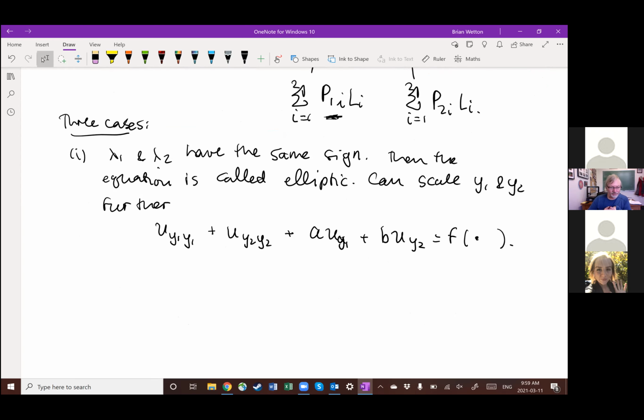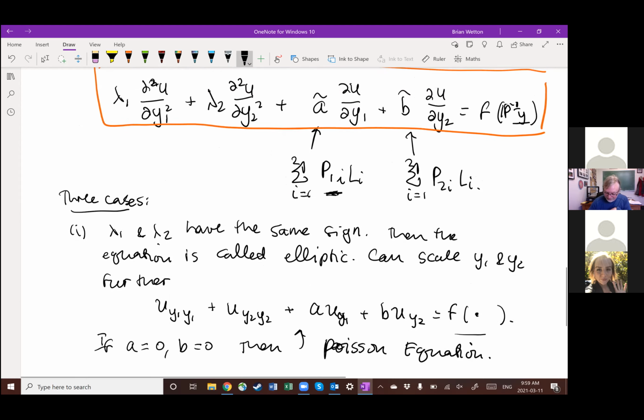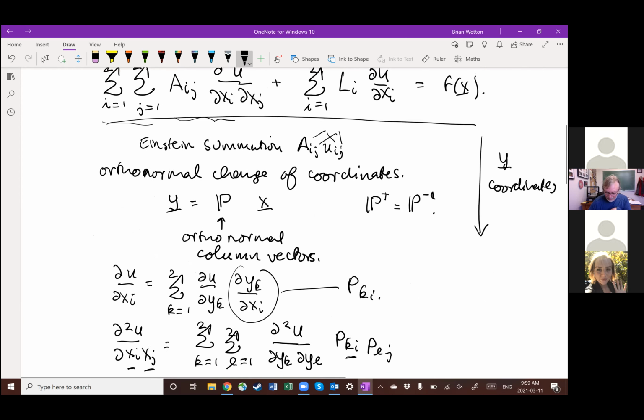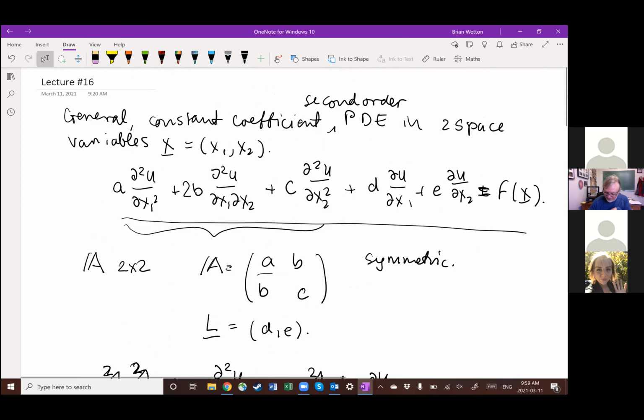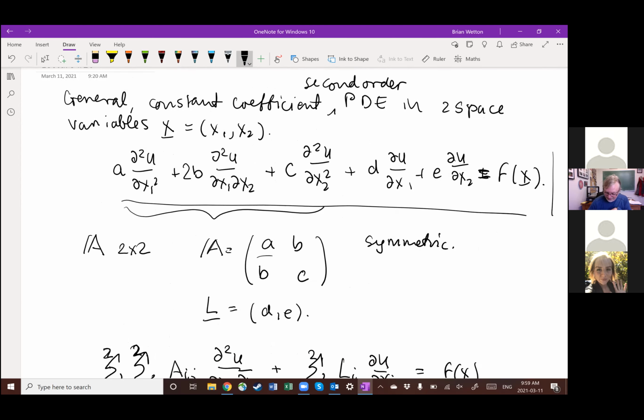Okay, so if you forget the lower order terms, then this is just the Laplace equation, or Poisson equation with the F. So no matter what you started with, here we started with something that looked kind of general.